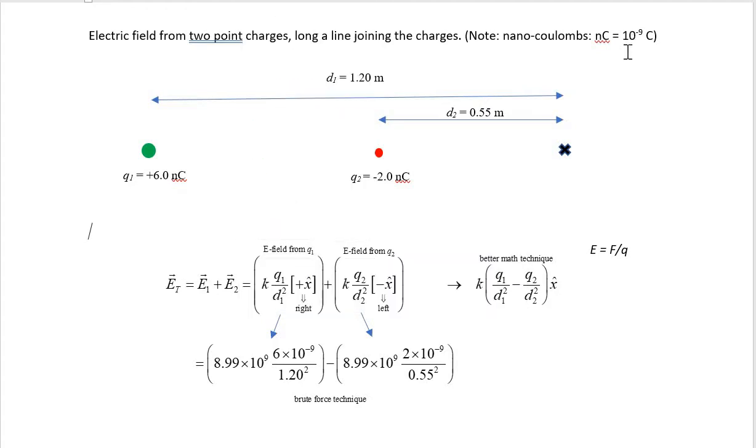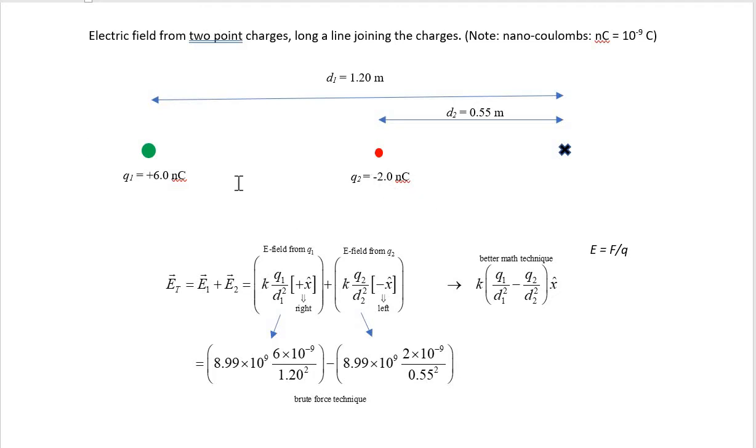Now, a nanocoulomb is 10 to the minus 9 coulombs. In your homework problem, I'm using microcoulomb. That's 10 to the minus 6 coulombs, right? So these are going to be weaker electric fields because there's not as much charge. Now, Q2, which is right here, this red charge, is going to be -2 nanocoulomb.